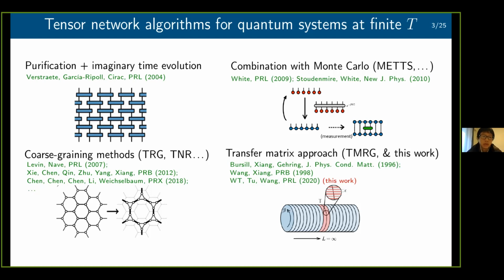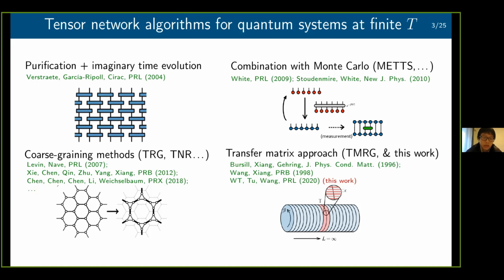So at the beginning, people were thinking about purifying the density matrix into a pure state and then using imaginary time evolution. We can also combine the tensor network state method with the Monte Carlo sampling approach. If we take the partition function as a tensor network, we can also make use of tensor network contraction methods to obtain the partition function of the system.